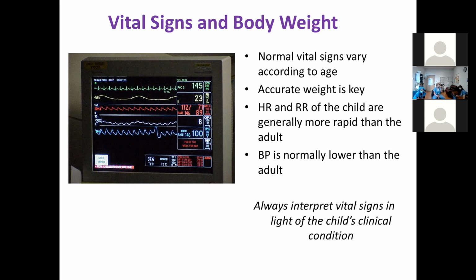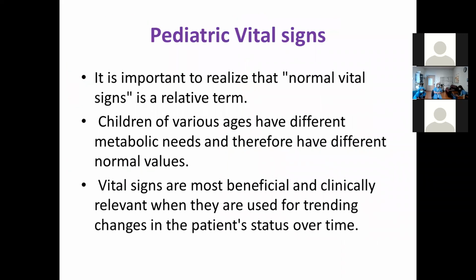The reason is that every child is different. What's important is that pediatric vital signs need to be interpreted in light of clinical conditions. Normal pediatric vital signs is a relative term.